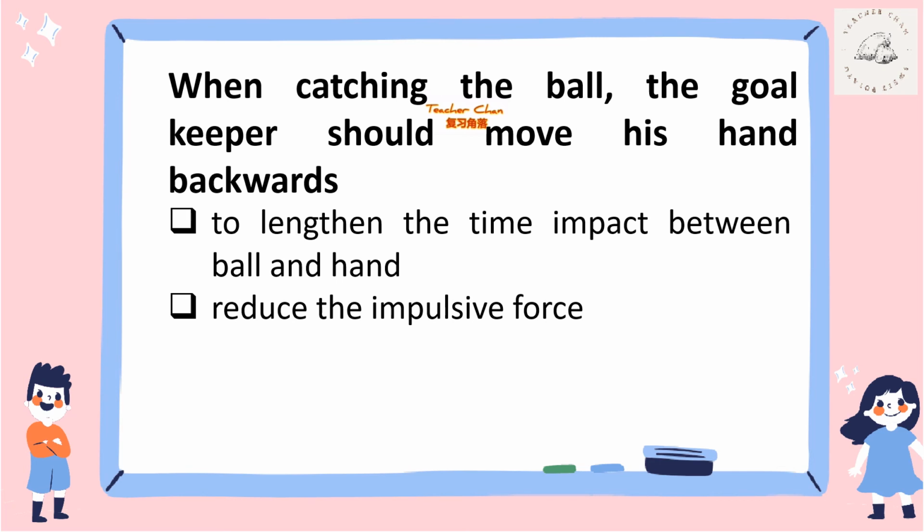When catching the ball, the goalkeeper should move his hand backward. Moving his hand backward is a kind of technique when you play the game. It will help to lessen the time of impact between the ball and the hand, so it will reduce impulsive force.